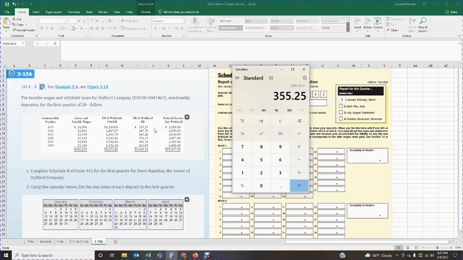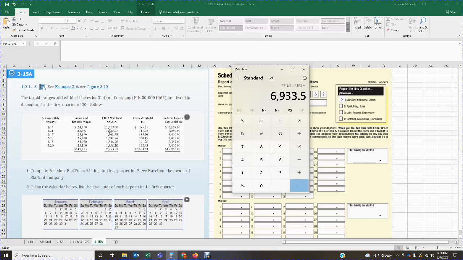So we're basically doubling it, one for the employee, one for the employer. And then I'm going to add the federal income tax, which is $3,185. Okay, so my total is $6,933.50. So $1,519 twice, $355.25 twice, and then $3,185 once.